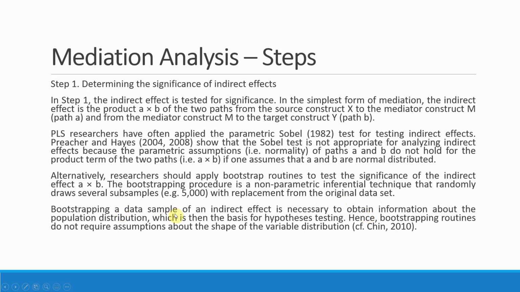Now, bootstrapping a data sample of an indirect effect is necessary to obtain information about the population distribution, or you cannot test the significance if you do not do bootstrapping. And normally the recommended size is 5,000 subsamples.